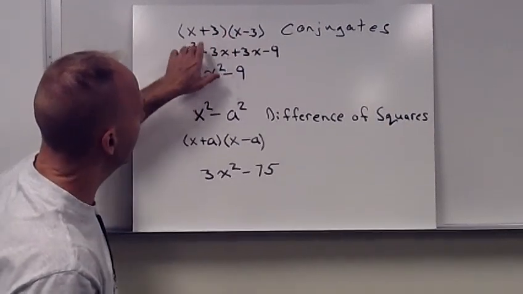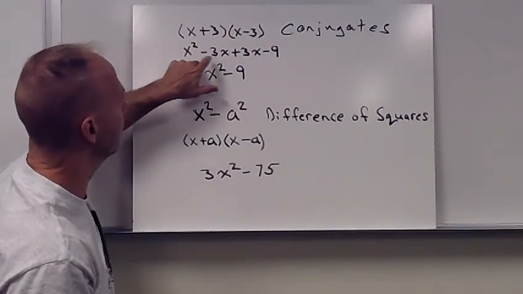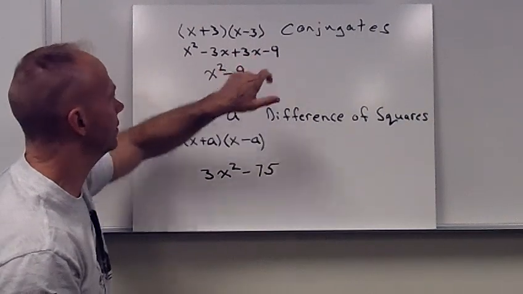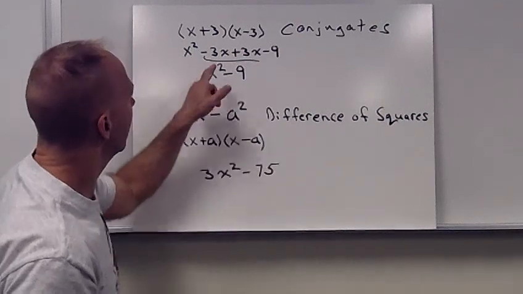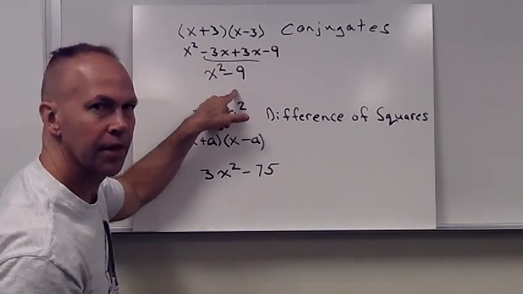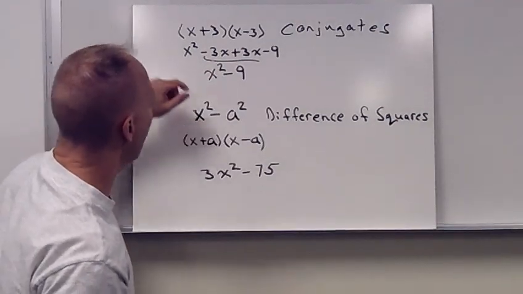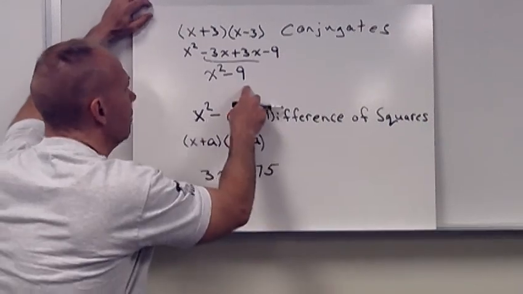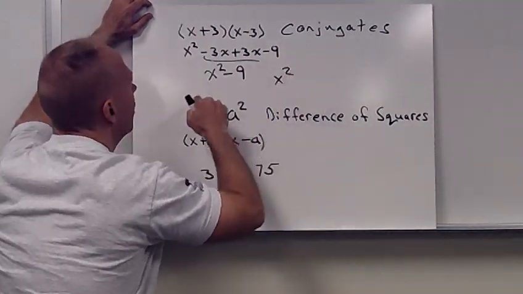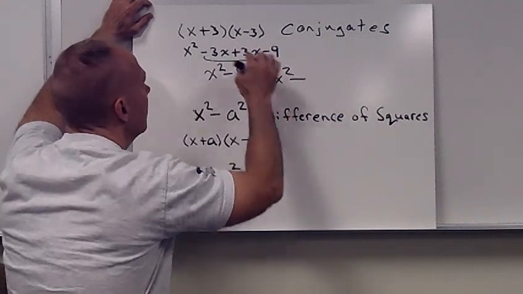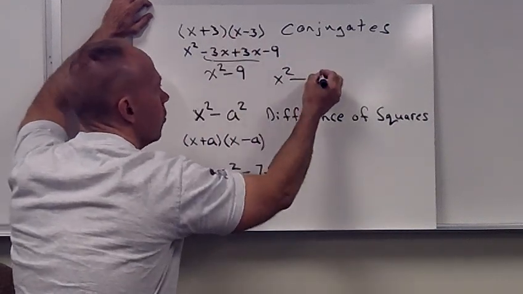Now, when I multiply these together, I get x squared minus 3x plus 3x minus 9. Notice what the middle two terms do. They cancel. And actually, I end up with x squared minus 9. I ended up with the first term squared minus the second term squared.